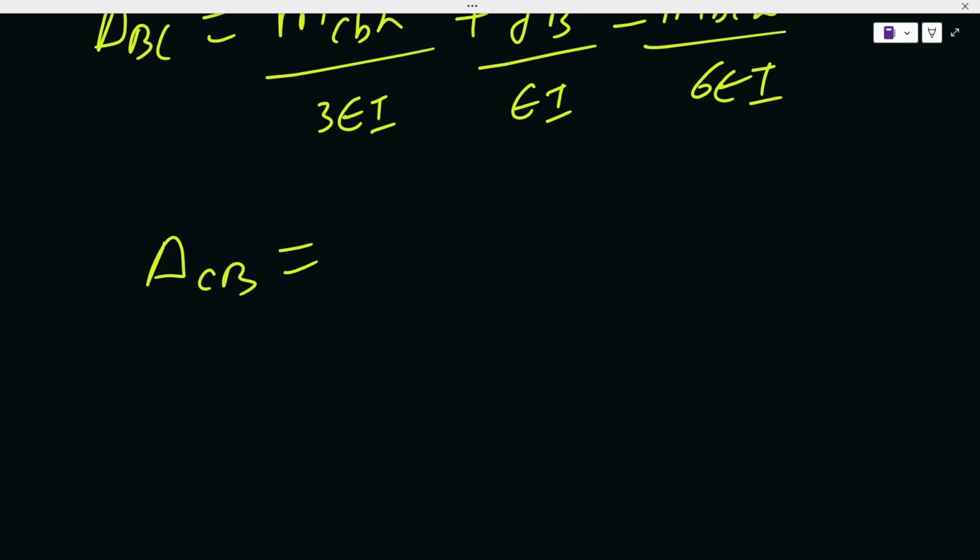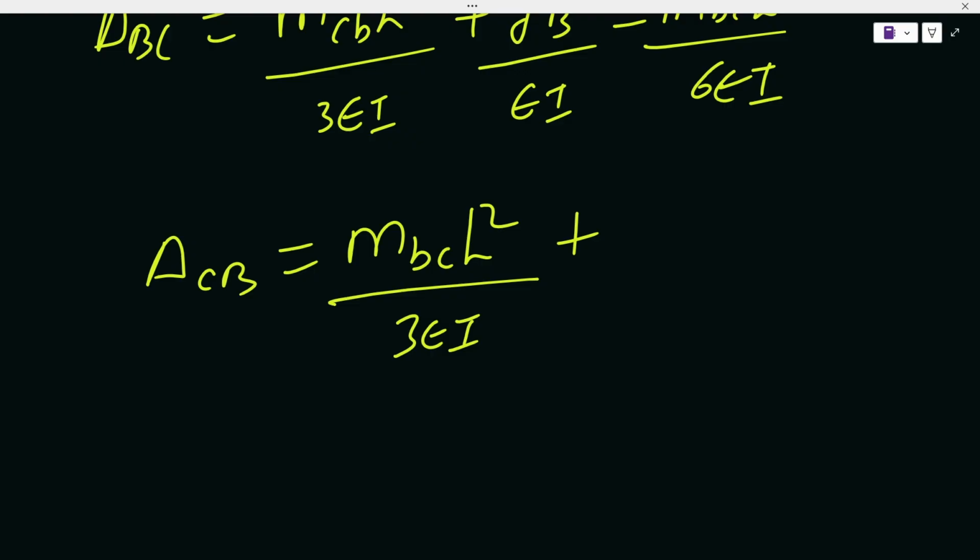I think here delta CB was up, so I must try to make sure that everything is up. Initially, when adding the babies of CB, I'll be having everything positive. Six EI minus GC.